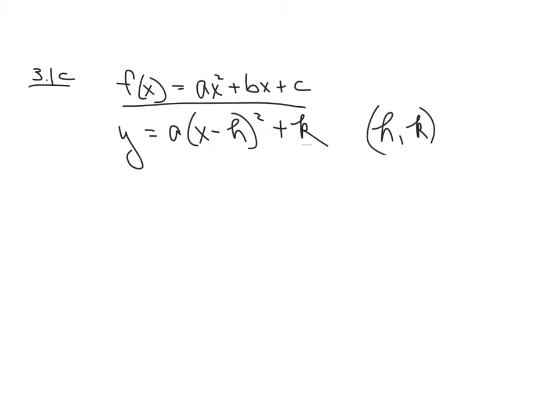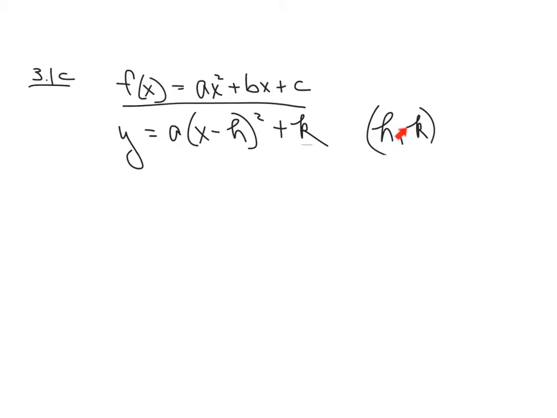So let's continue on. I also know that my axis of symmetry is going to be whatever h is, because h is the first letter, or the x actually, in an xy coordinate. It's the first one, so that's going to be my axis of symmetry.